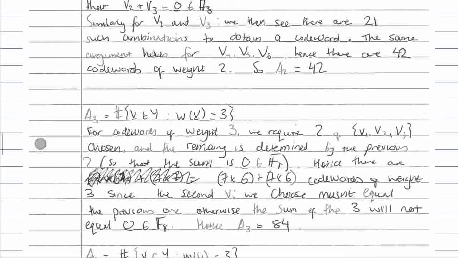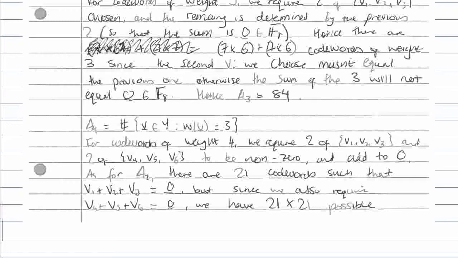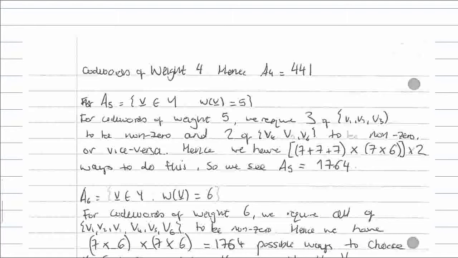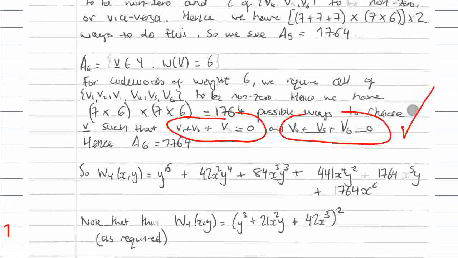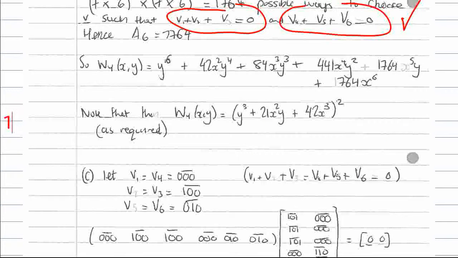Okay, so you basically explain in detail how you count the vectors of each weight inside the code Y, which is fine, and you do get that the weight enumerator of Y is the square of the weight enumerator of Z. My only issue with that is that, because you identified the structure of Y correctly, you could use the fact that the first 3 symbols form a code vector of Z, as do the last 3 symbols, you didn't have to go through this very explicit process with numbers.